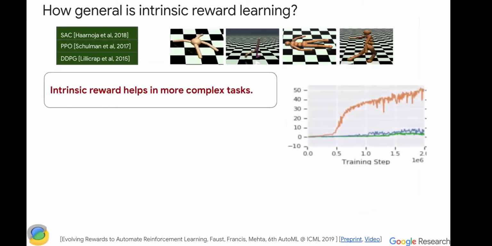Some takeaways there: first, if it's a complex task, use reward shaping. On the humanoid the difference is huge. On ant, there's hardly any difference, or on the bipedal walking.